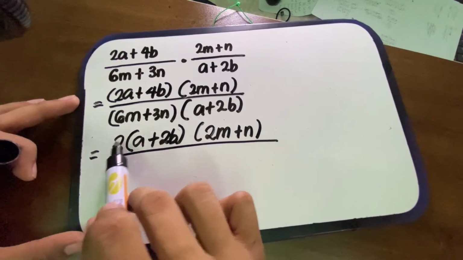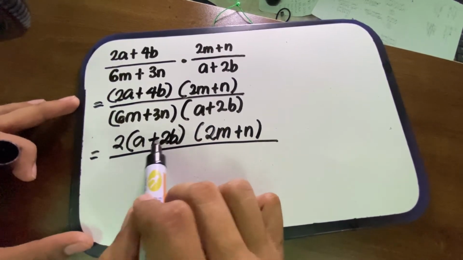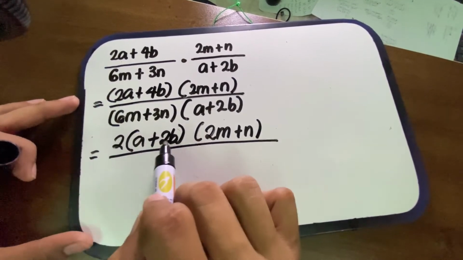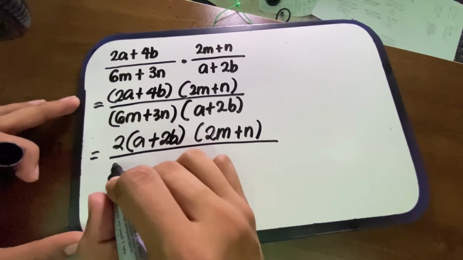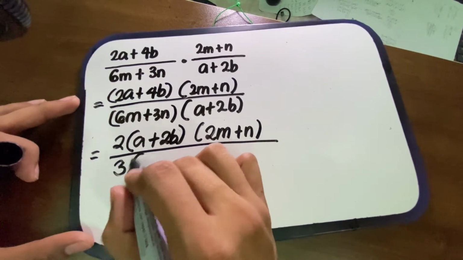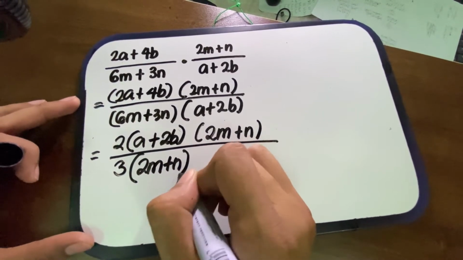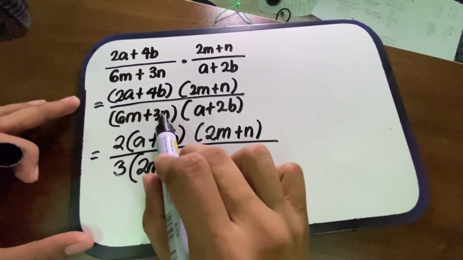So again, this 2a plus 4b will become 2 times the quantity of a plus 2b. Okay, so 2 times a, 2a, 2 times 2b, 4b. Okay, next, this one will become 3 times the quantity of 2m plus n, right? Because 3 times 2m, 6m, 3 times n, 3n.